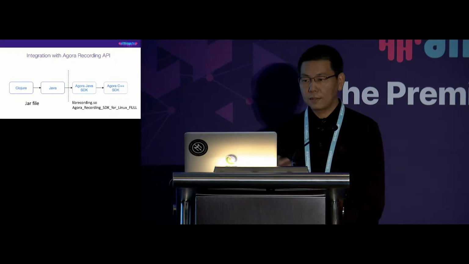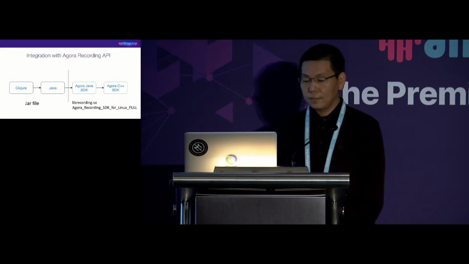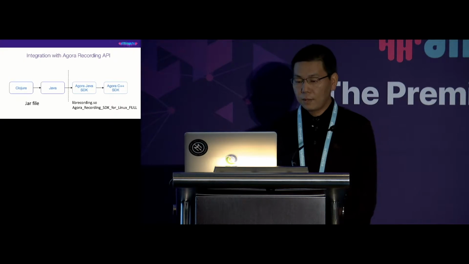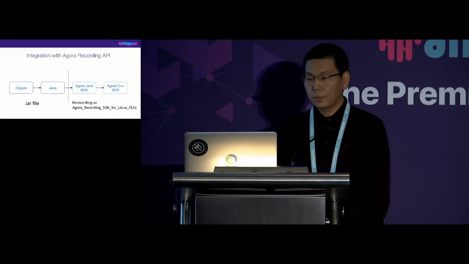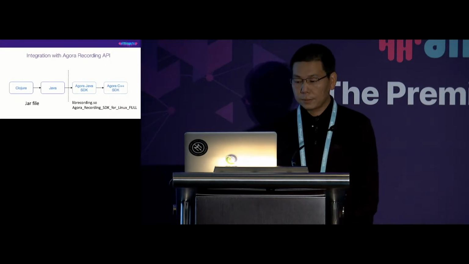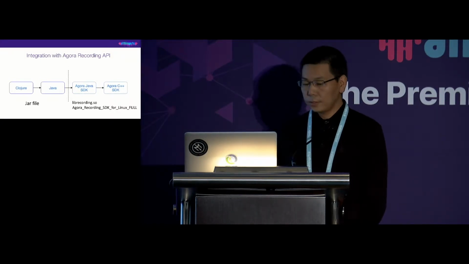So all of our backend can just use the Clojure library to directly do the recording. In the end, we package our application as a jar file, and then we deploy the jar file combined with the Agora Java SDK and the Agora C++ SDK into the container. So that's how we started the deployment.